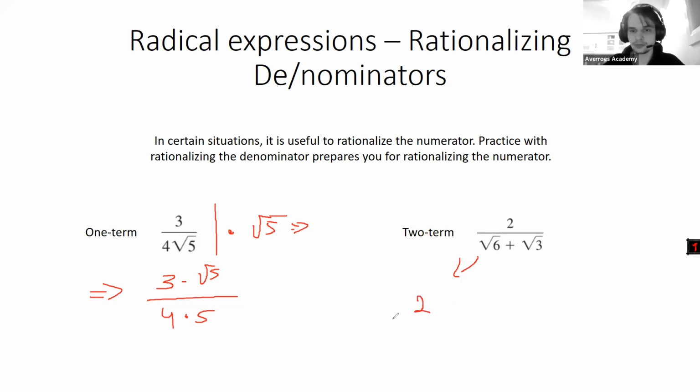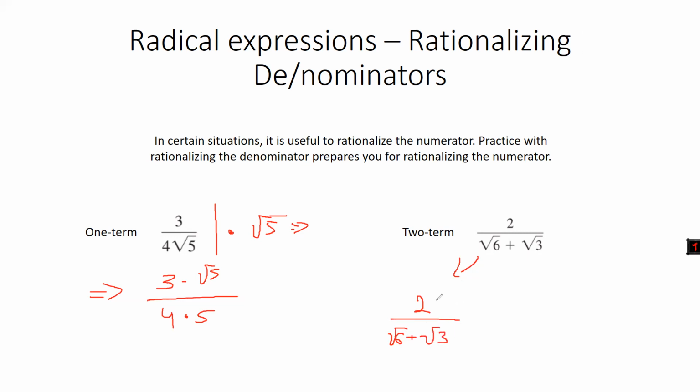So I would add, or like I would multiply. Add. Like this, a separate one. And then you would do √6 plus √3 divided by √6 plus √3. Would that work?